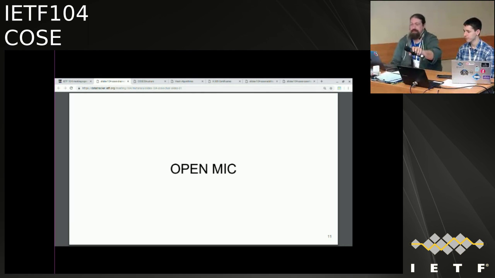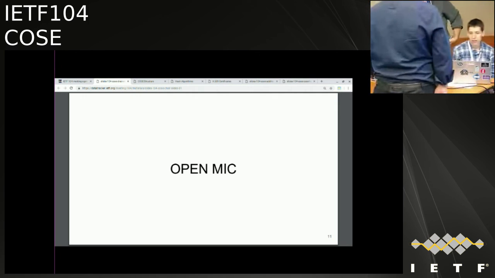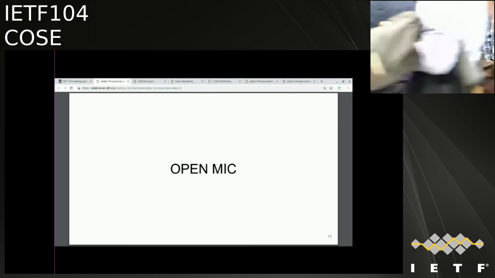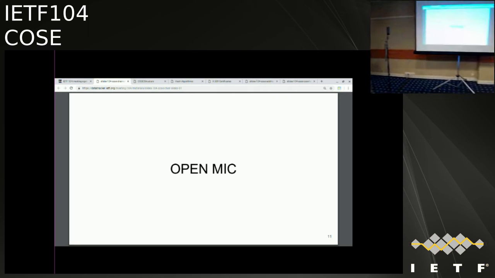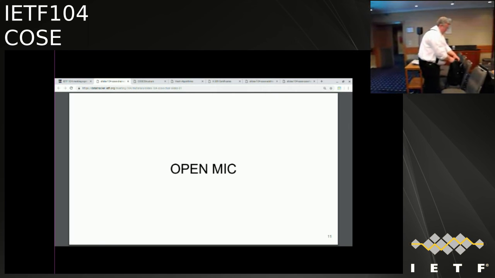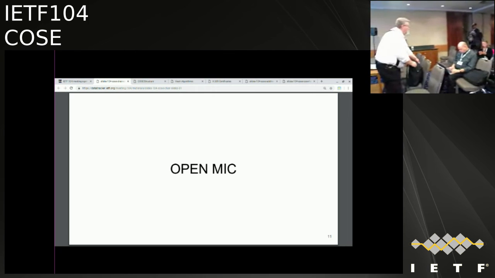All right, and propose for the working group draft. Here's the string draft IETF COSE. What do you want to spell out algorithms? We'll send that notice out.